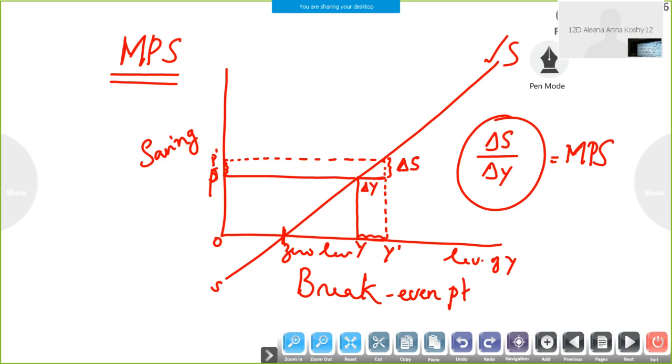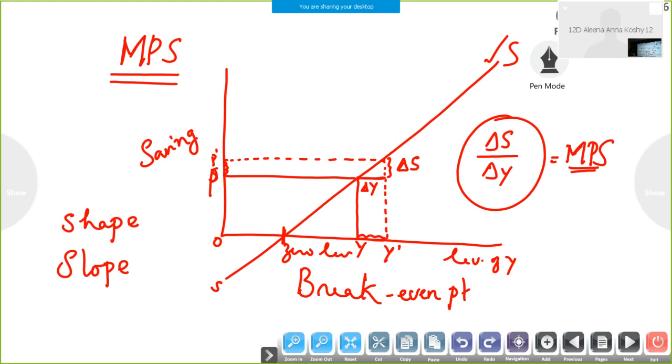So here one more question. From here you can think like this. What is the shape of the saving curve? Upward sloping. What is the slope of the saving curve? That is MPS, delta S by delta Y. That is marginal propensity to save.